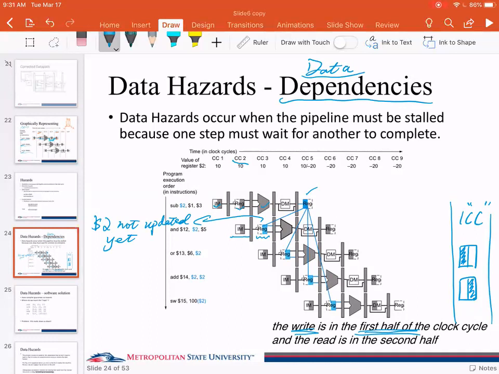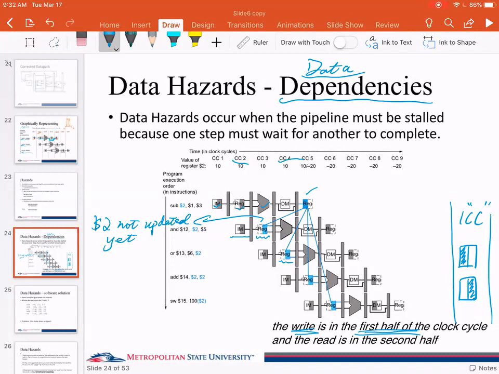And how about the third instruction? If you do OR, you will need $2 to be ready at the second stage of the third instruction, which is CC4. But by CC4, of course, $2 is not updated yet. Same, so on and so forth. By the fifth instruction, you don't really have any problem.